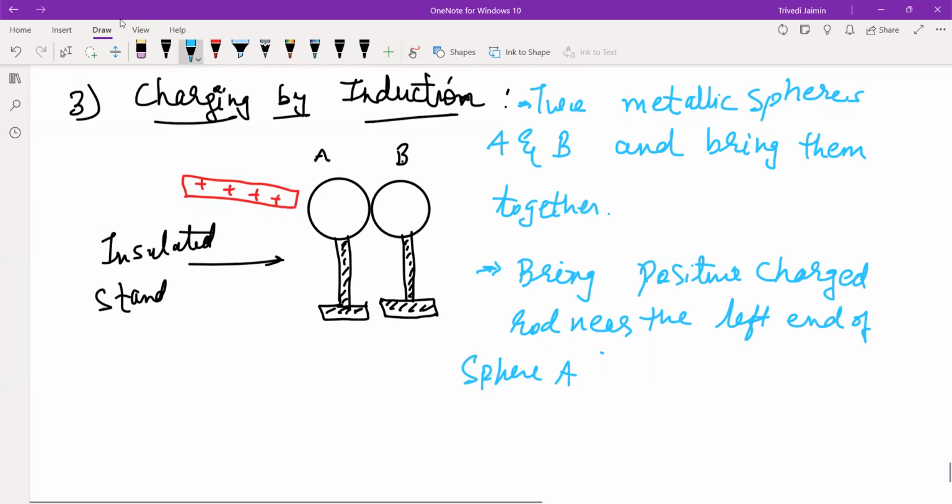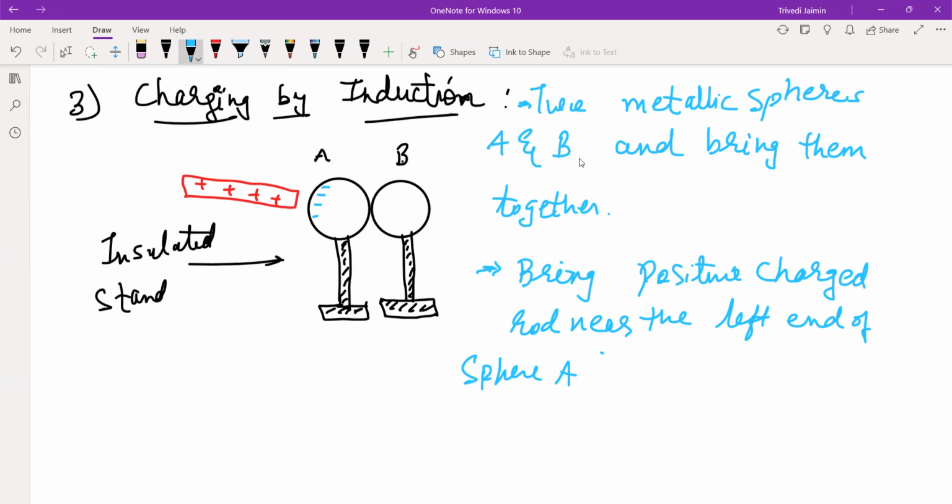Now, what will happen if it is brought near A? What will happen here on A? Negative charges will get accumulated on that side. Exactly. Negative charge started accumulating on A near this rod.